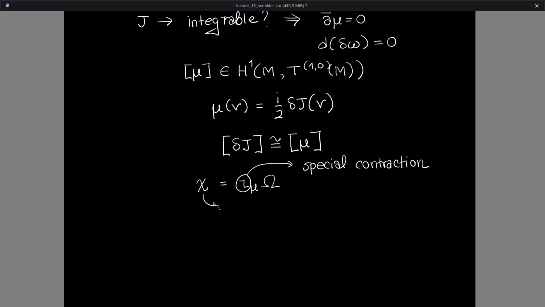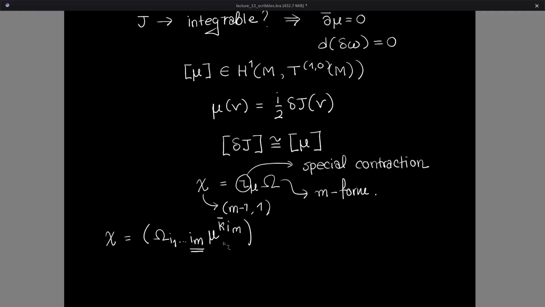So chi is going to be an m minus 1 form, because omega is an m form. By contracting with mu in this specific way, chi is equal to omega with indices i_1 to i_m, contracted with mu of k bar i_m. So the i_m is being eaten up by mu.